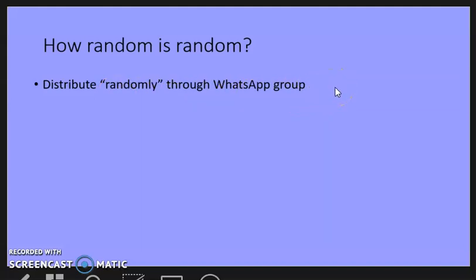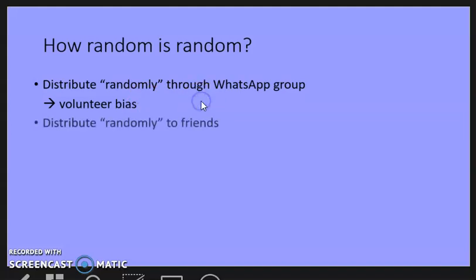Is it really random? If you distribute the link to a WhatsApp group, only those who want to answer will answer your questionnaire. So it can lead to volunteer bias, and when there is a bias, we cannot claim that it is random sampling.